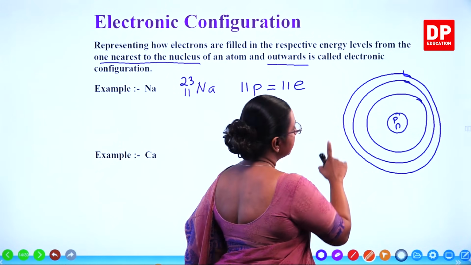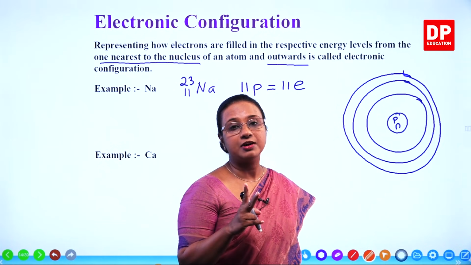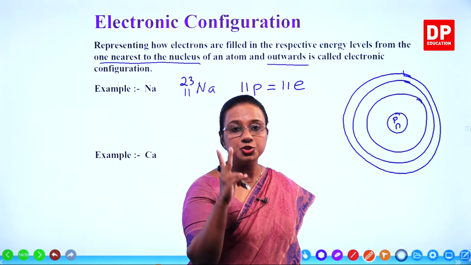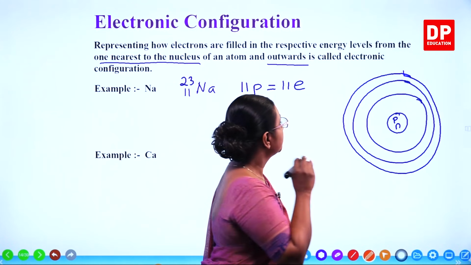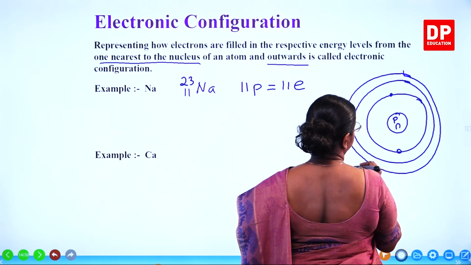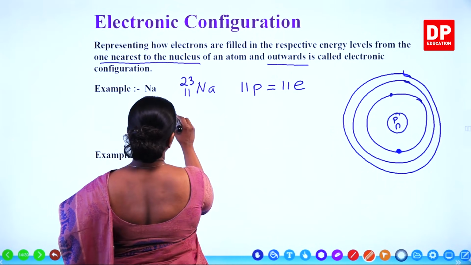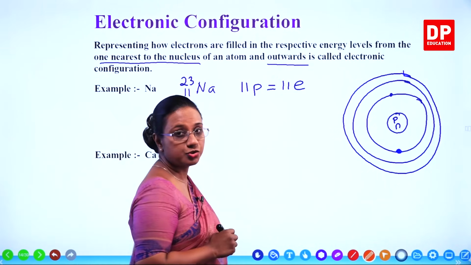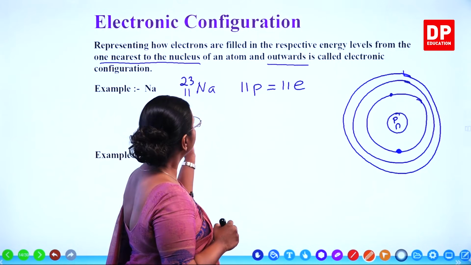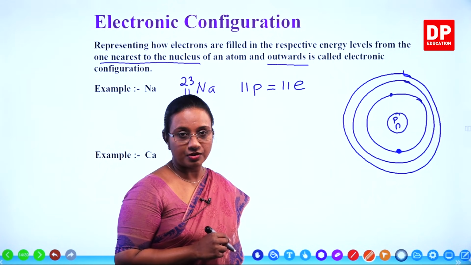In this, the first shell or the K shell can only have a maximum of 2 electrons. So we add 2 electrons here, 1 and 2. So I have added 2 electrons to the K shell. 2 gone from 11, we have another 9 electrons.